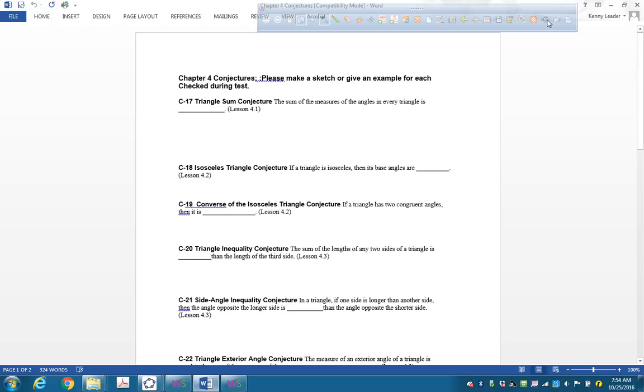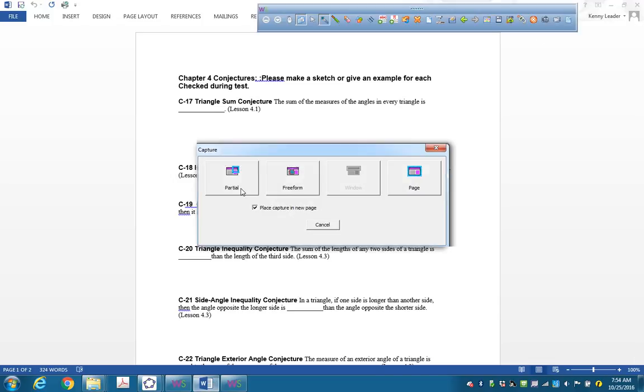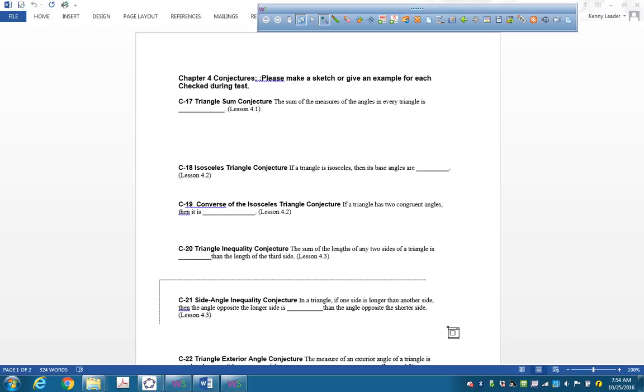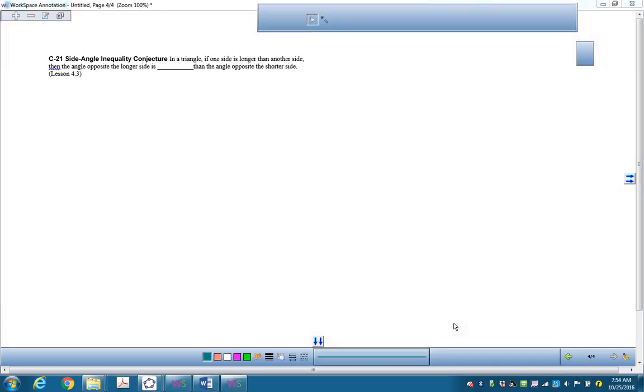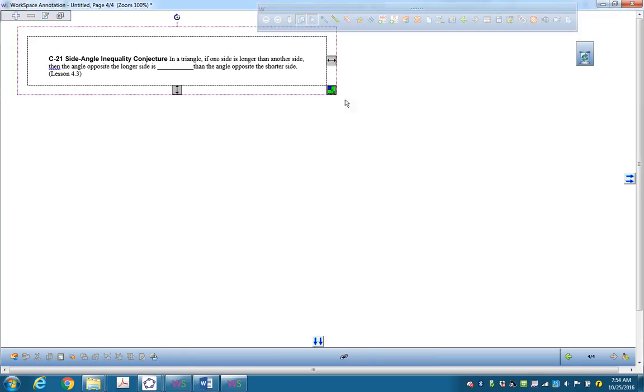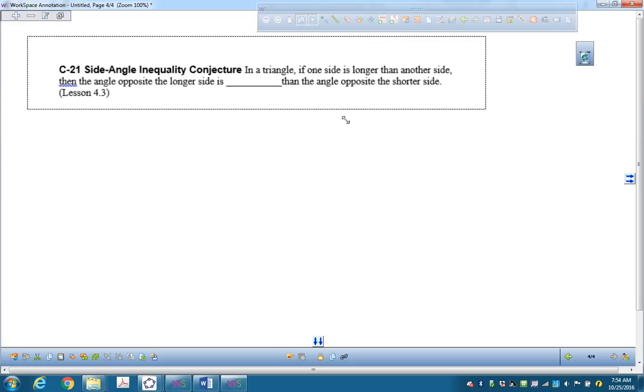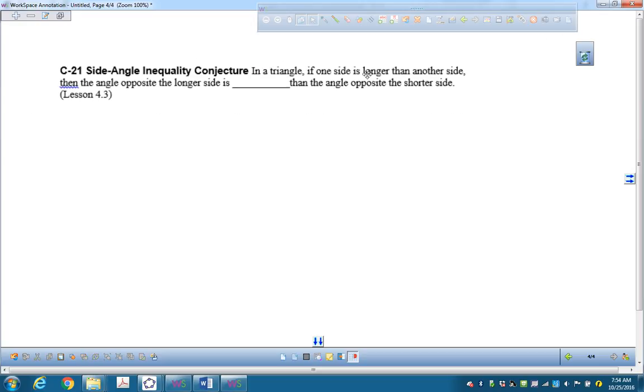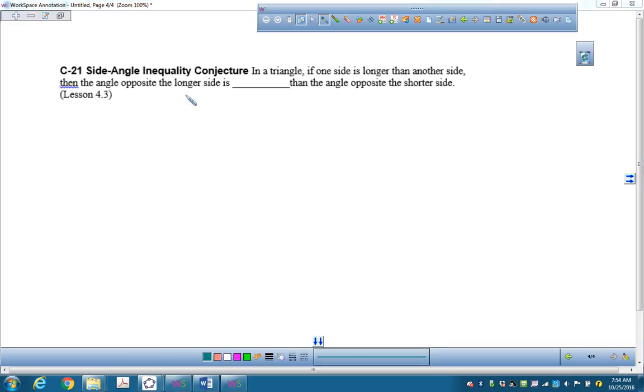Okay, what is it called? It's called the side angle, and I'll give you a couple good examples of that one. Okay, so side angle inequality conjecture says that in a triangle, if one side is longer than another side, then the angle opposite the longer side is longer than the angle opposite the shorter side.